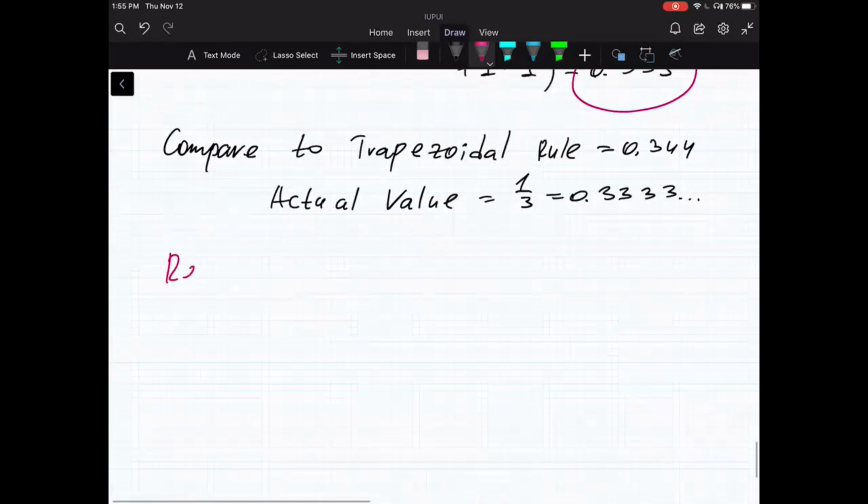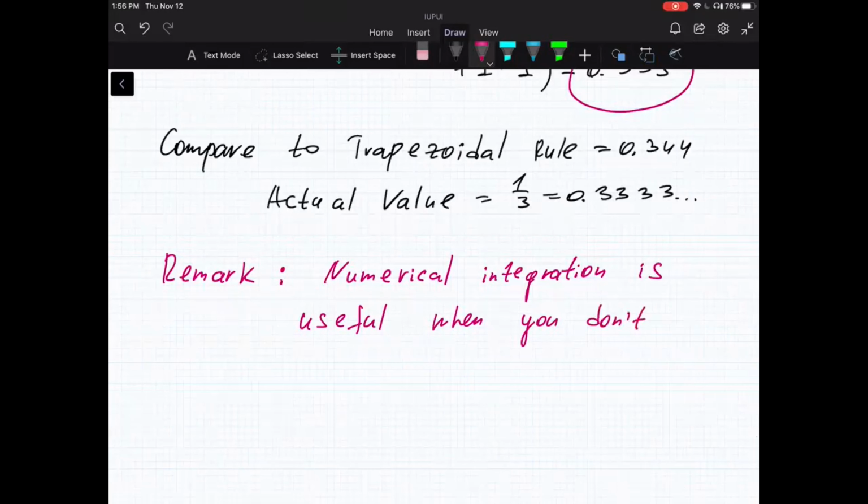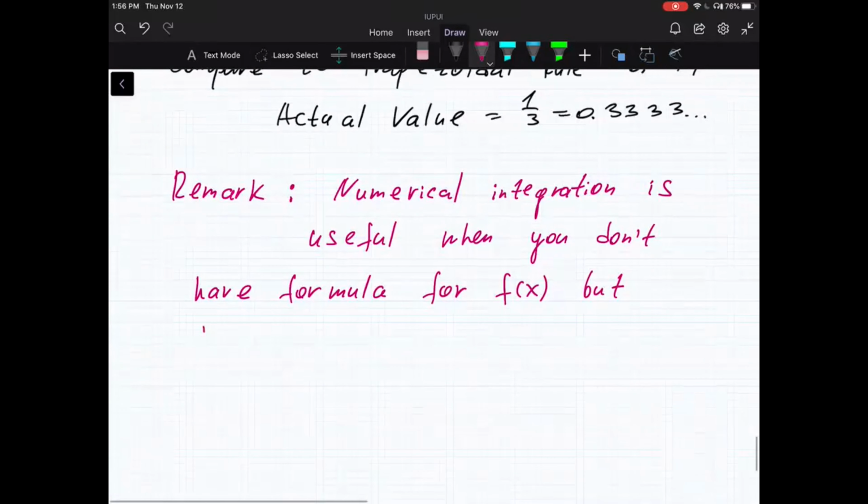And the very last remark: numerical integration is useful when you cannot calculate the antiderivative, that's what we discussed, but it's also useful when you have sets of experimental data, when you don't have the actual function, but you only know its values at some specific points.